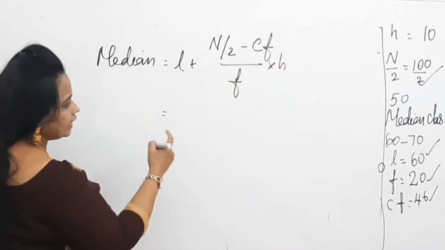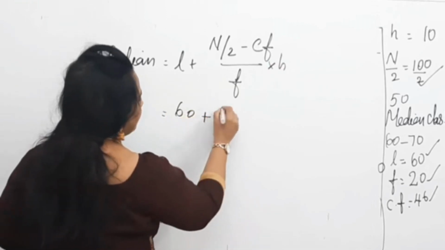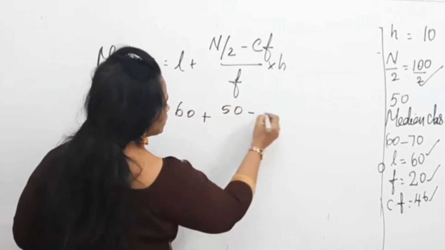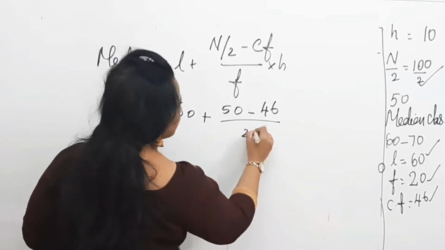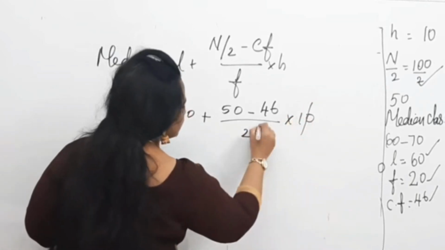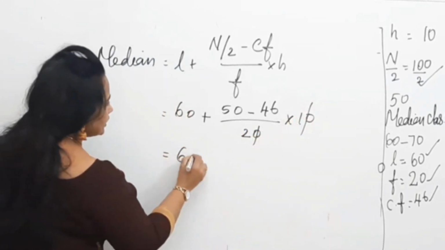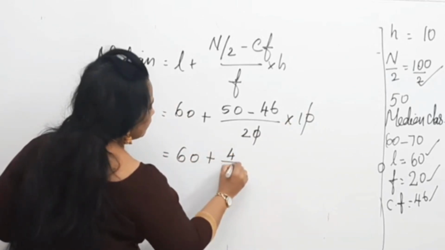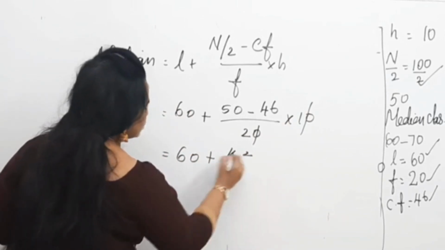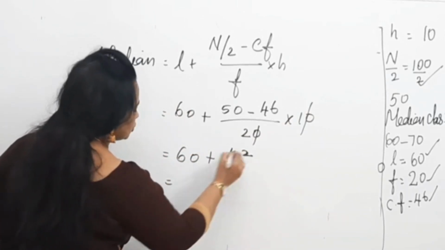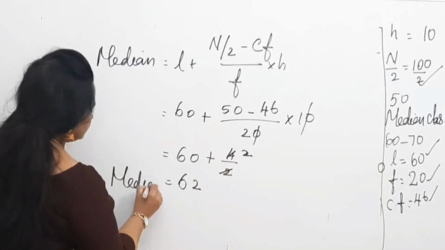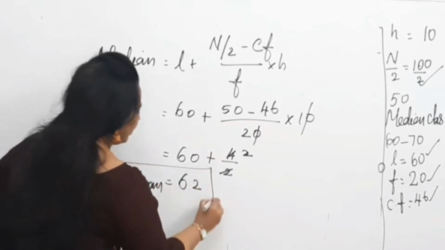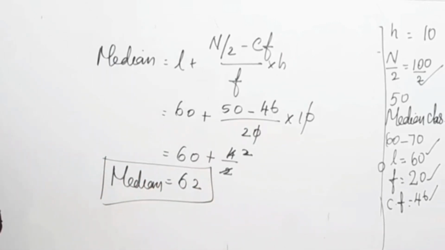So L is equal to 60 plus n by 2 is 50 minus cumulative frequency 46, divided by the frequency 20, into 10. 0, 0 gets cancelled. So 60 plus 4 divided by 2, which gets cancelled twice. That is 60 plus 2 is equal to 62, which is my median. So I got my median as just the number 62.